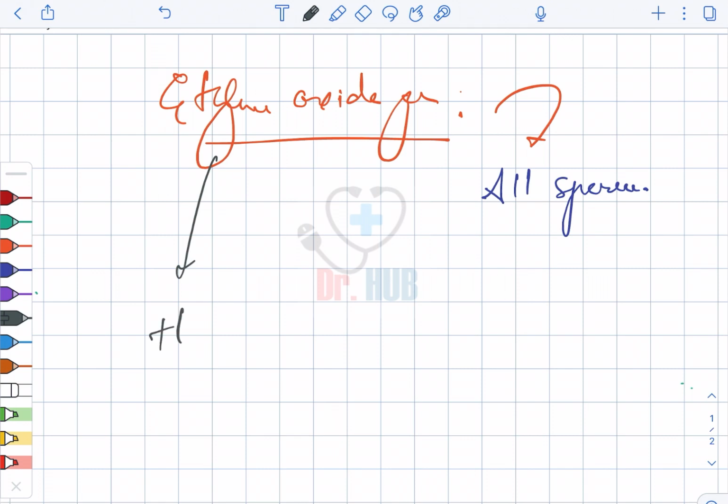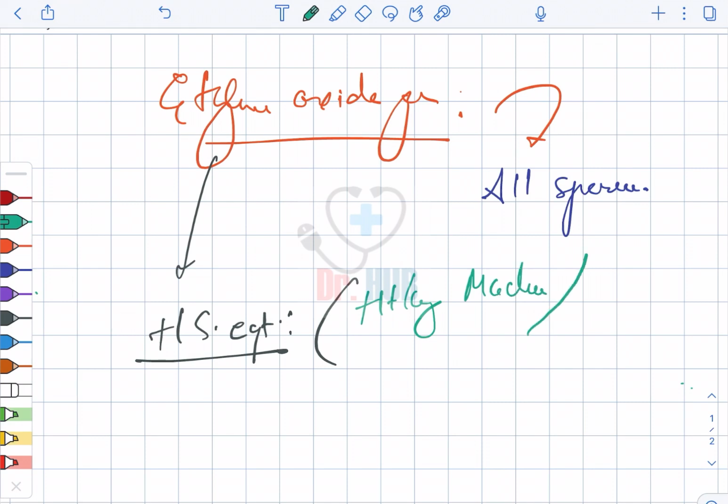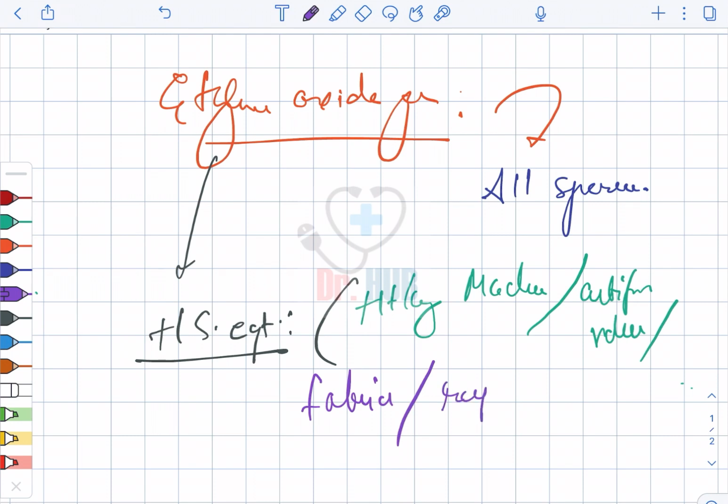It is used for heat-sensitive equipment, and this includes heart-lung machines, as well as artificial valves. Next, it also includes fabrics, respirators, cardiac catheters, and as well as books.